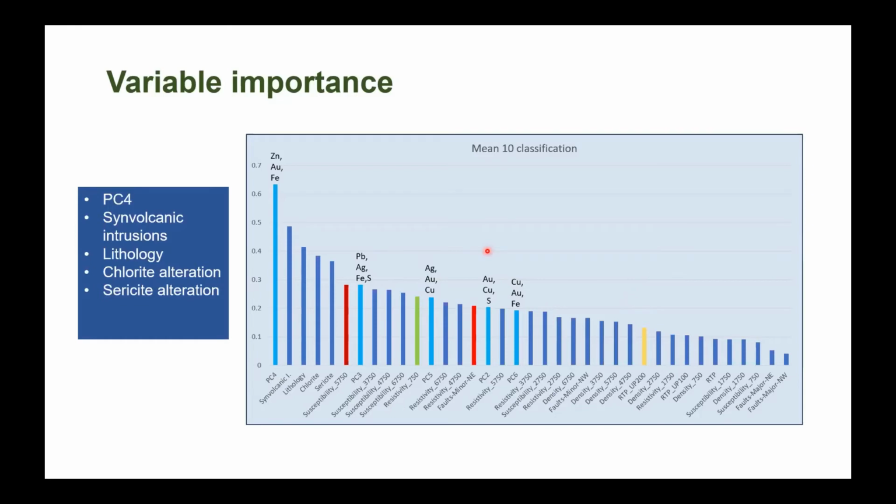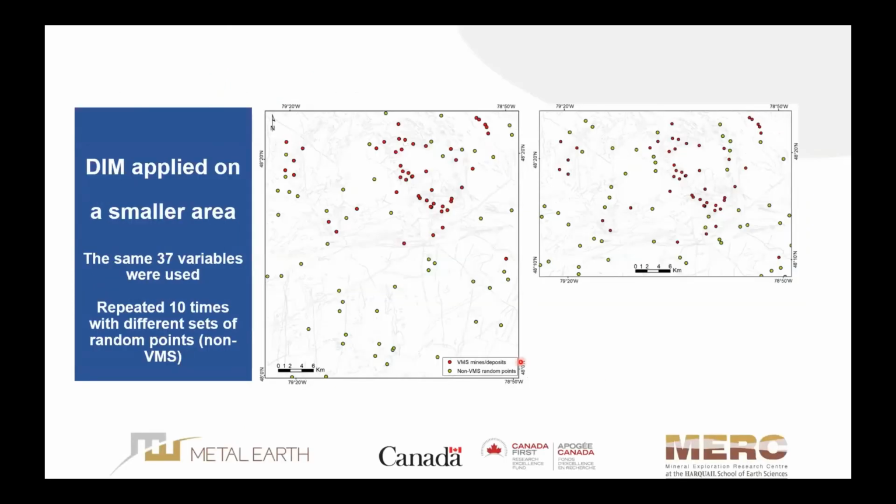In another experiment, we applied the model on a smaller area, which is area 3, and we used the same variables and the classification again was repeated 10 times using different sets of random points.